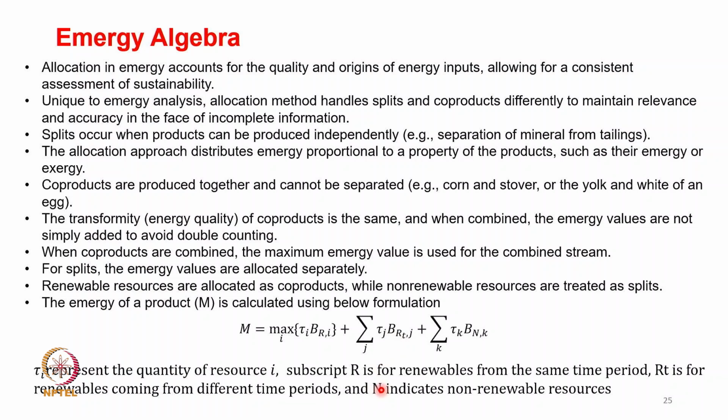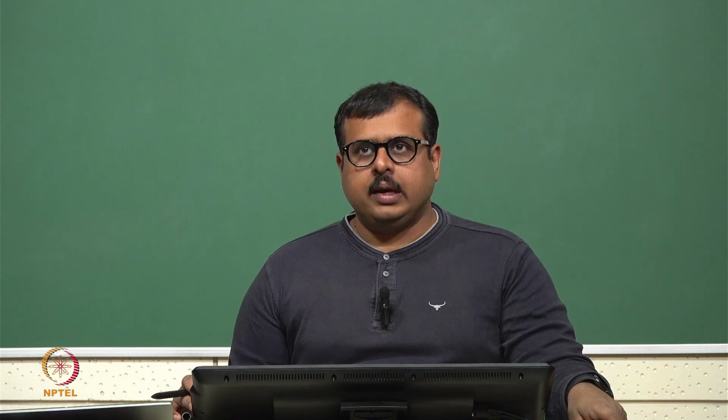RT is for the renewable that is coming from a different time period, which is an older one. So you take the sum out of it. And the third term has subscript n, which is talking about the non-renewable. The summation of all these three things together would give you the emergy of a product, which is product M.